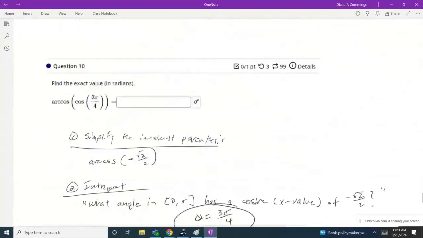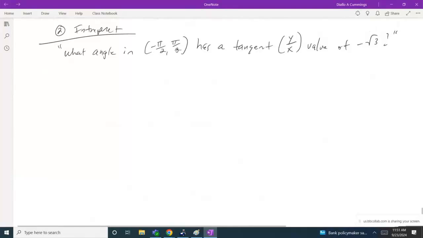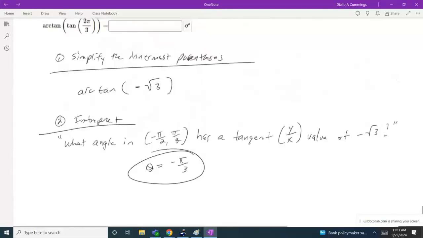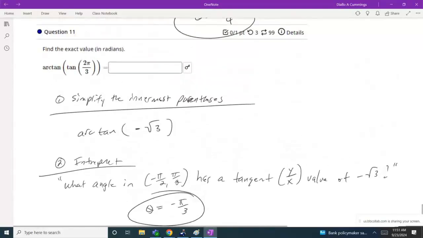So in this case, theta is negative pi over 3.